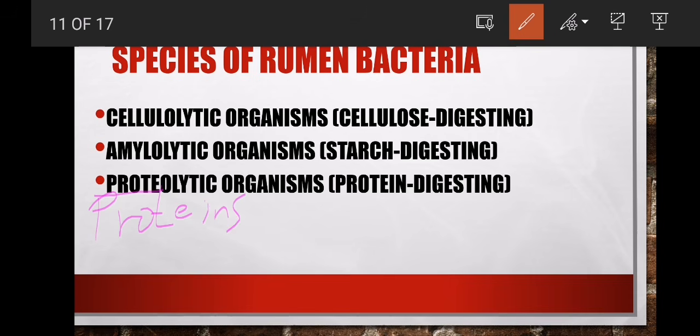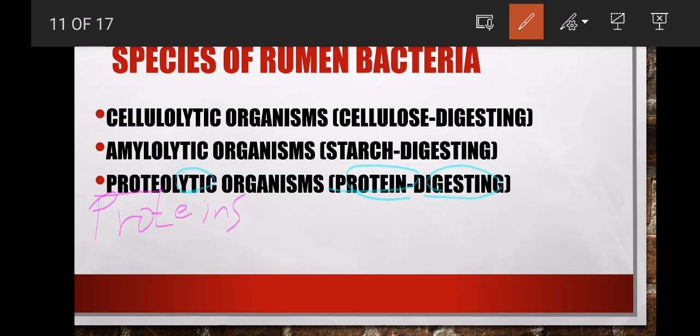Let's bear in mind that our lytic simply means digest. It means the proteolytic organisms are organisms that digest what? Proteins.